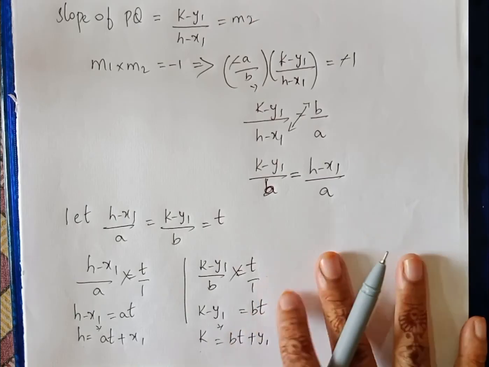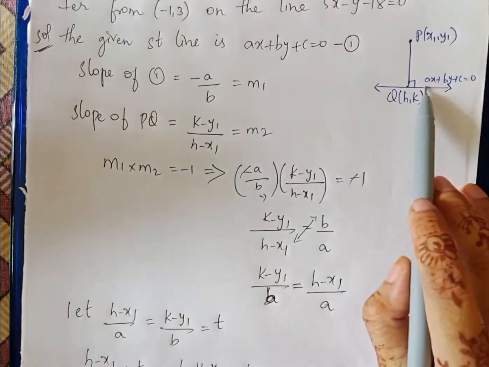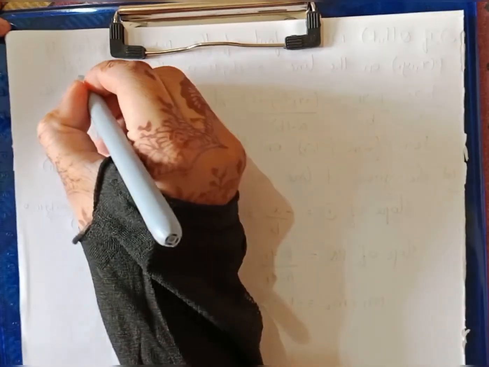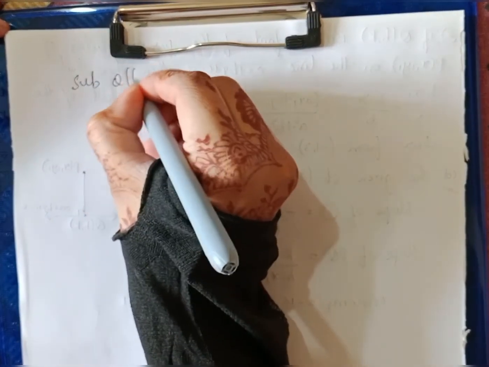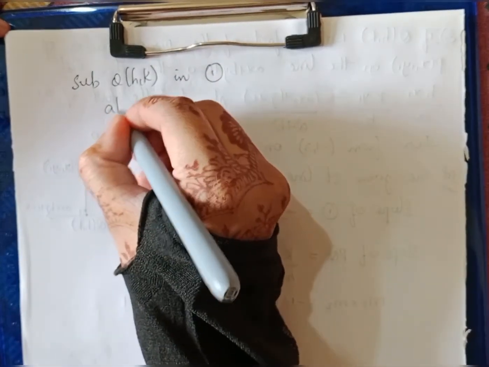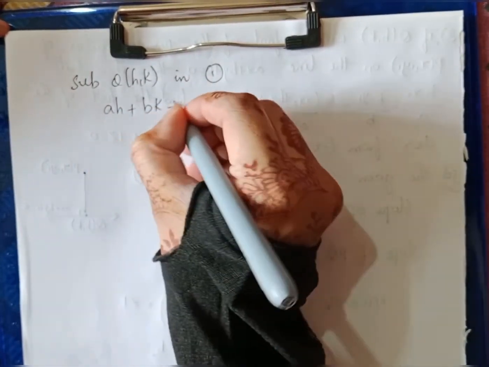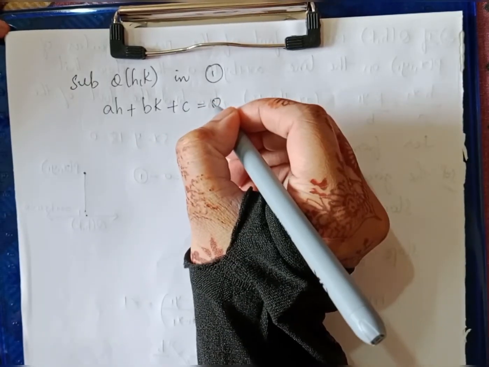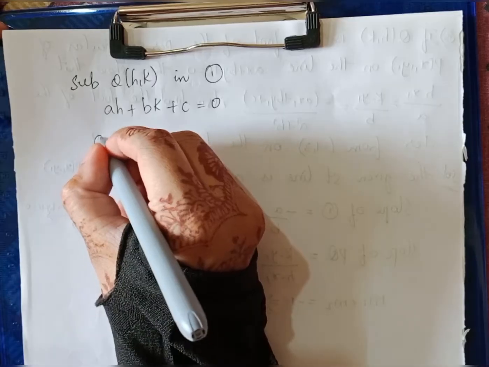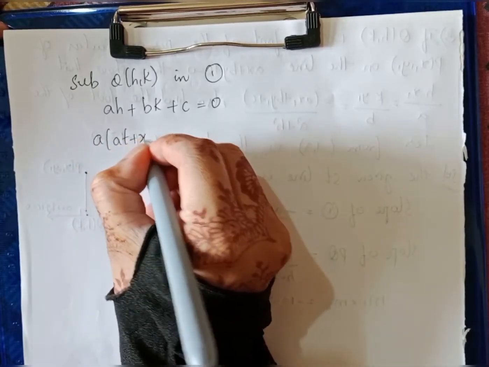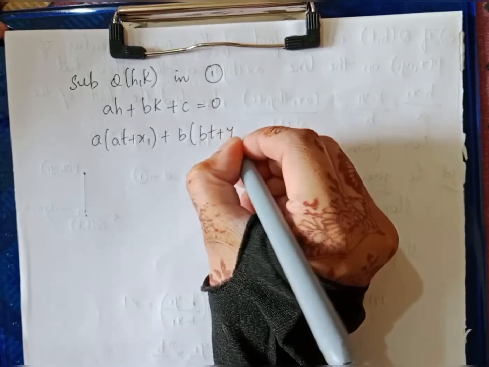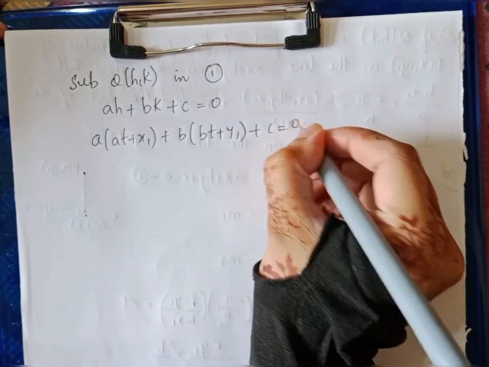This (h, k) lies on this straight line, right? So substitute Q(h, k) in equation 1. So it is ah + bk + c = 0. Now substitute the h and k values. So it is a(at + x1) + b(bt + y1) + c = 0.